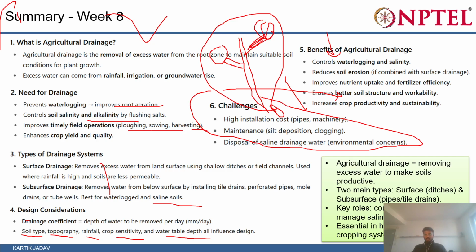So once water flows from this to this, again silt is carried out if flow will continue. It also impacts this capacity. So you need to remove all this, and if you are doing drainage with the pipe, so in the pipe also there is a clogging kind of condition, and also there is the disposal of saline drainage water. So it is an environmental concern.